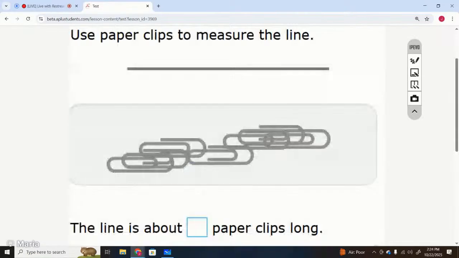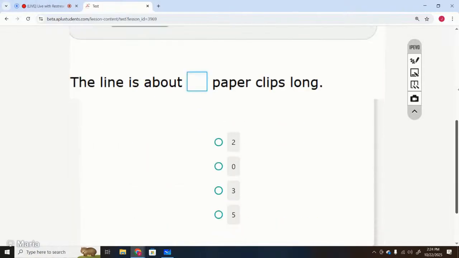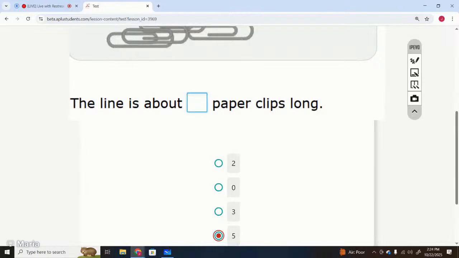Use paper clips to measure the line. The line is 5, option is 5.